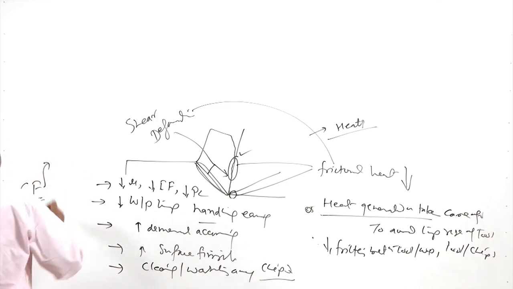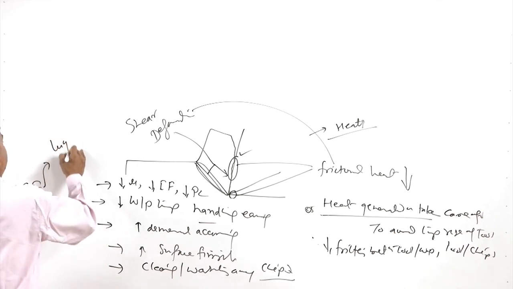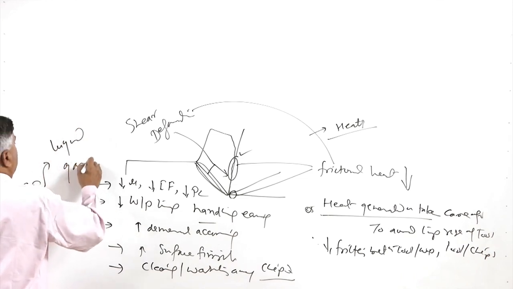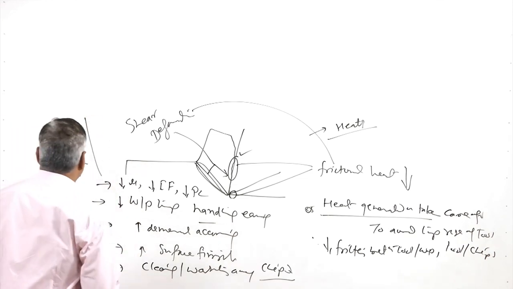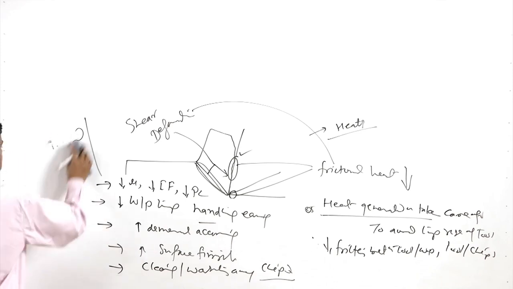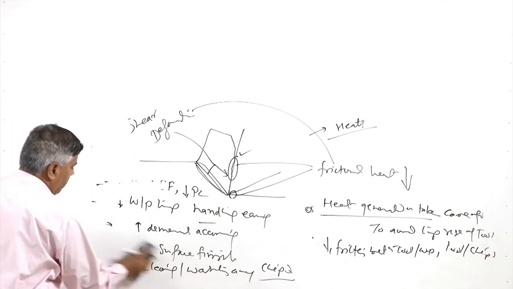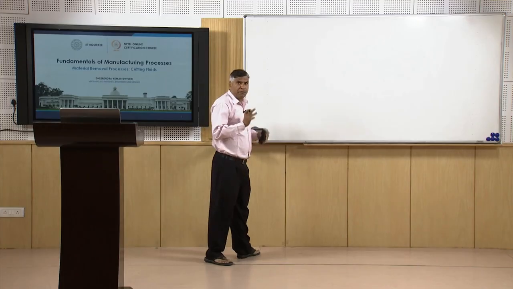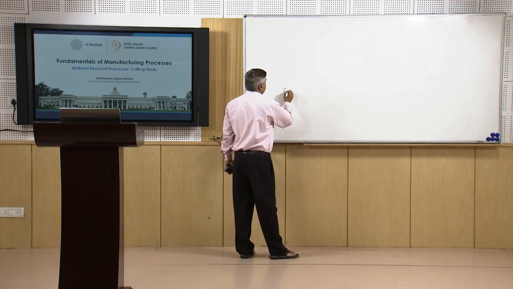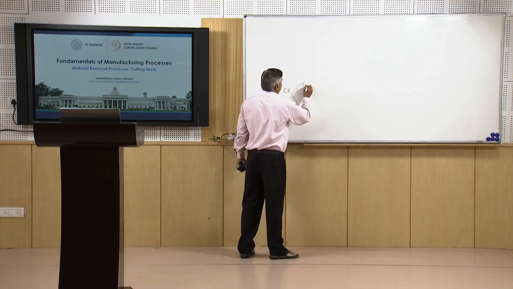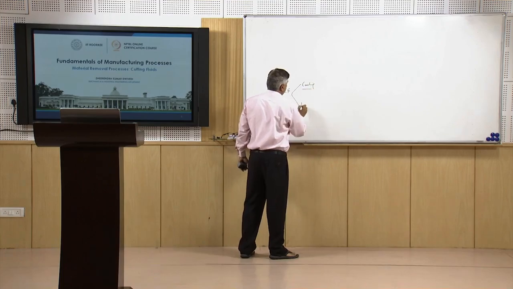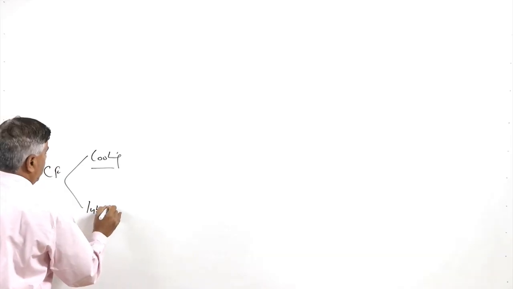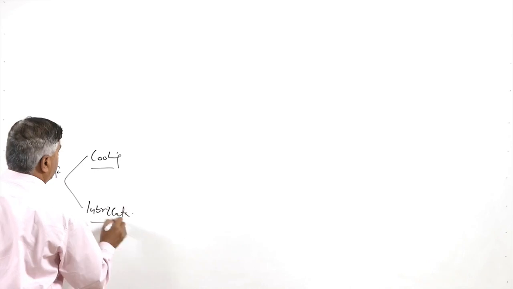For the cutting fluid purpose, normally liquids or gases are used. So, as per the case, the suitable type of cutting fluid is used. To perform these two functions of the cutting fluid in form of the cooling and the lubrication, we need to use two different types of cutting fluids.